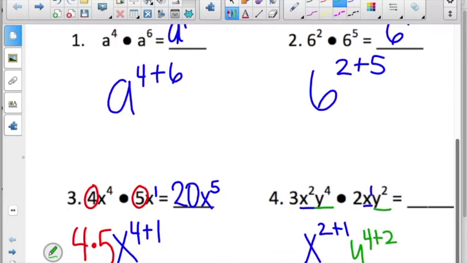And we also have our coefficients to multiply, which are 3 and 2. So we end up with 3 times 2 gives us 6. Our x has an exponent of 3, 2 plus 1. And our y has an exponent of 4 plus 2, which is 6.